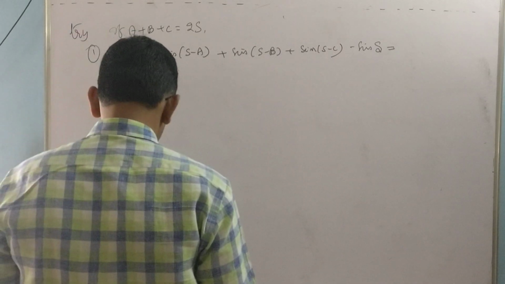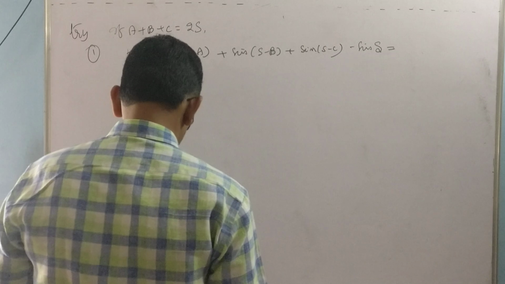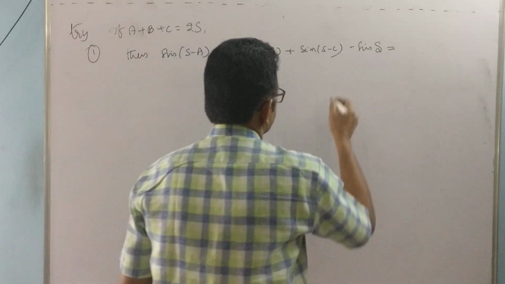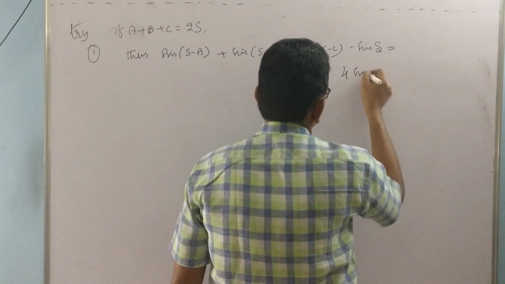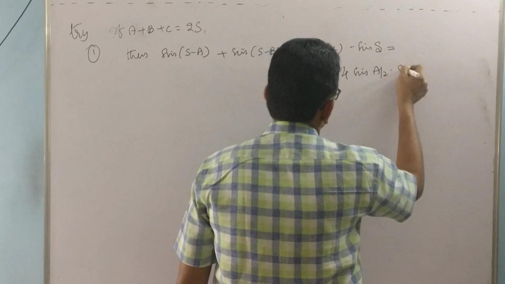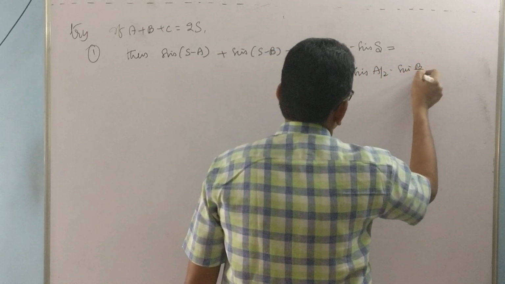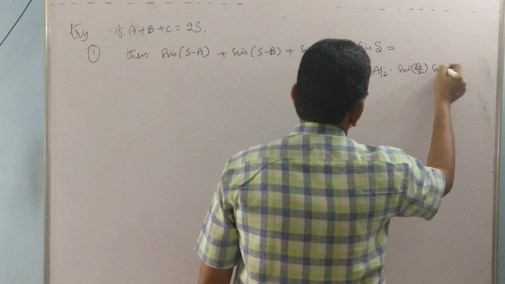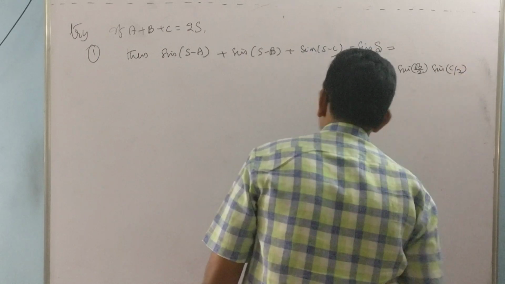A plus b plus c equal to 2s. This is 4 sin a by 2 sin b by 2 into sin c by 2.